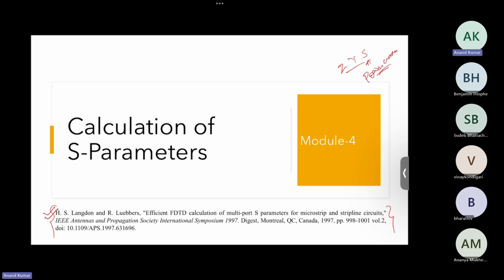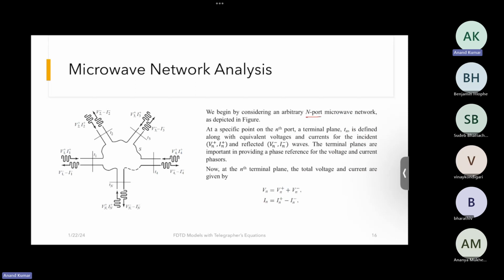So for microwave network analysis, for example, if you have an N-port microwave network, this could be a general diagram for an N-port network. What we do is we take a reference plane where we'll denote the forward traveling and back reflected waves, given by Vn plus and Vn minus, and In plus and In minus.